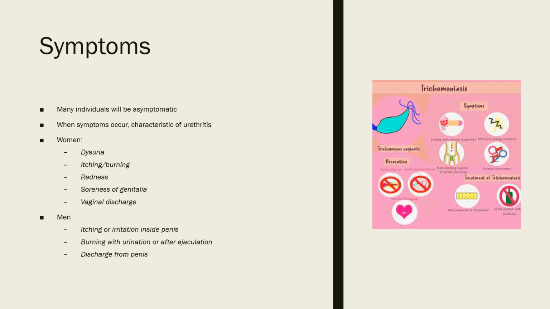So for women, it could be dysuria or itching, burning, redness, soreness of the genitalia, and vaginal discharge, usually foul smelling and kind of iffy on the color. Sometimes it could be more like a yellowish color, or it could be white, but it's just going to have a lot more discharge than normal as well.